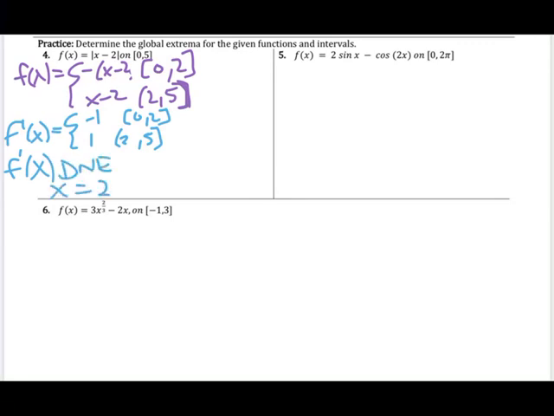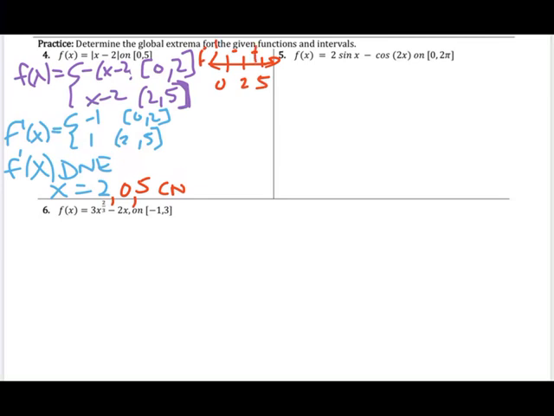And we know that anyways because this is an absolute value. There's a sharp turn at the vertex of the absolute value function. We also need to consider the endpoints, which are 0 and 5. So there's our list of critical numbers. We're going to go ahead and make a sign chart, 0, 2, and 5. Between 0 and 2, this is negative for the derivative. Remember, this is f prime.